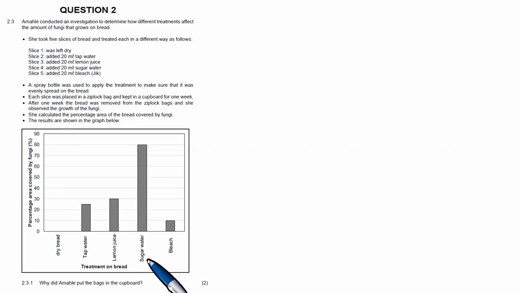Sugar water has shown the biggest percentage of fungi growth. Bleach has shown some growth of the fungi, but a little bit less.